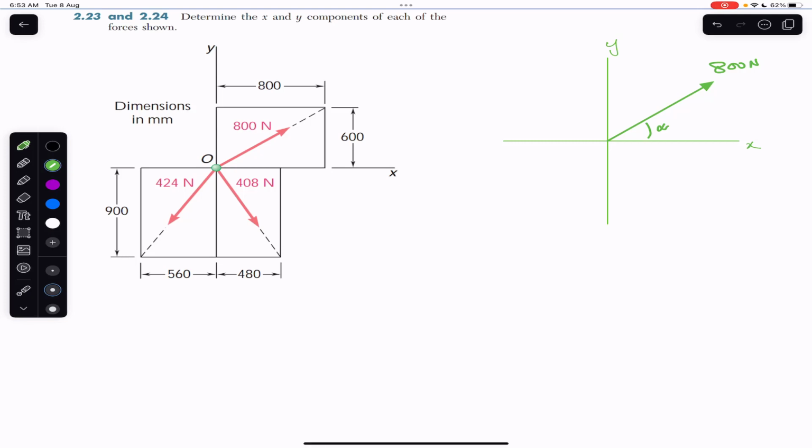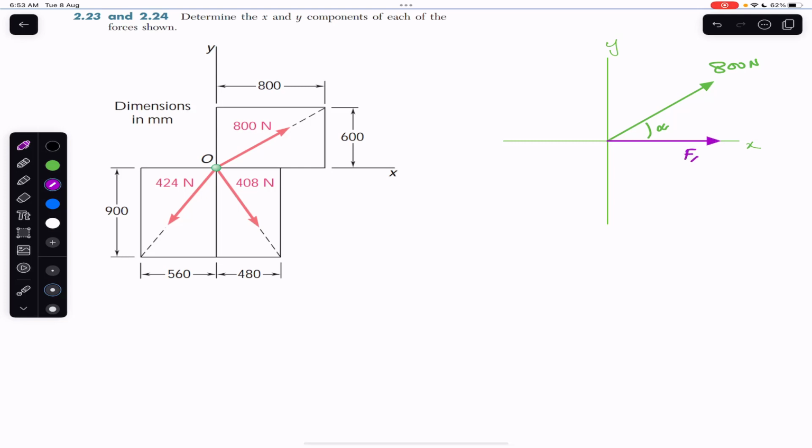Now if this 800 Newton force is making alpha angle with the x-axis, f of x will be the cos component and f of y will be the sine component. So this will be our f of x component of 800 Newton.